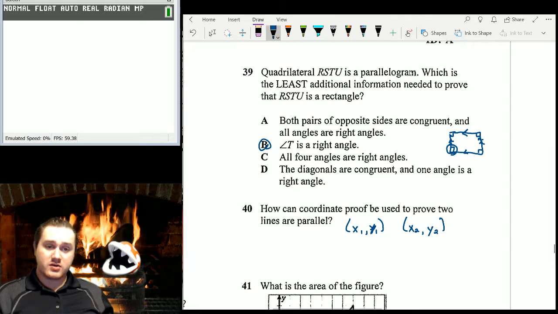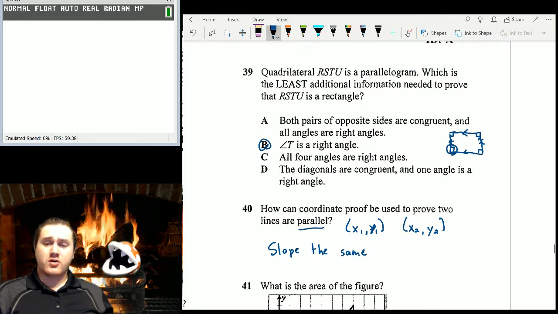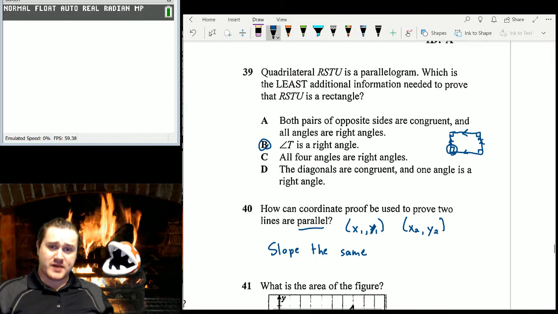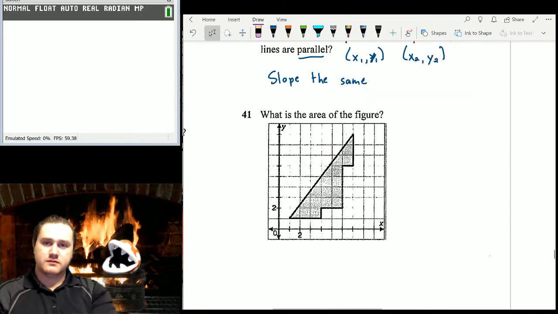If we're trying to show parallel, what are we looking for? We want the slopes to be the same. If we wanted them to be perpendicular instead, we want the slopes to be opposite reciprocals. It's just a matter of what we're actually looking for.